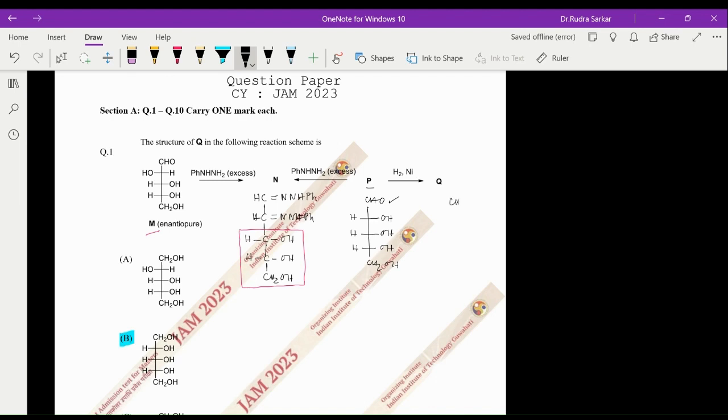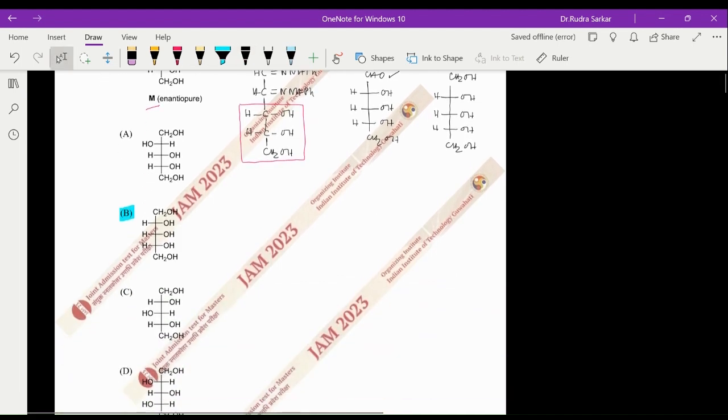So finally, we will have this molecule as the product, which we will assign as Q. And if we compare with the options given in A, B, C, D, we will say B should be the correct answer.